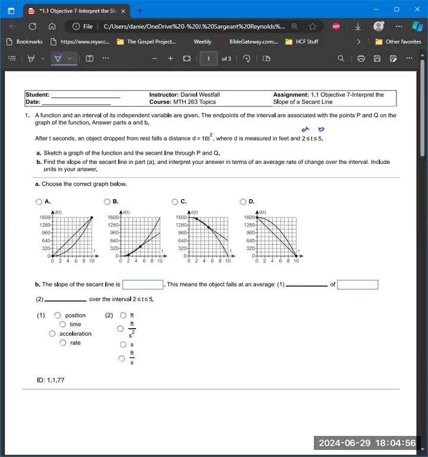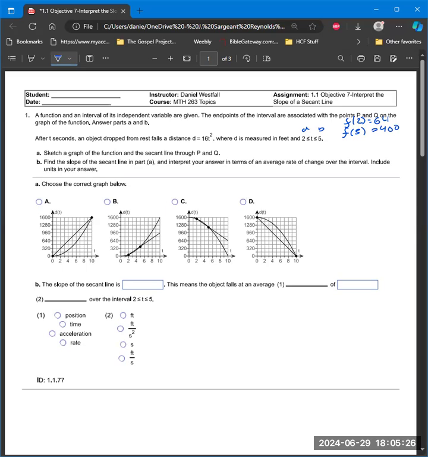So f of A, we need to find. F of 2 is going to be 16 times 4 is 64. F of B is going to be 16 times 25, which is 400. Sketch a graph of the function and the secant line through P and Q. Let's go ahead and find the slope.